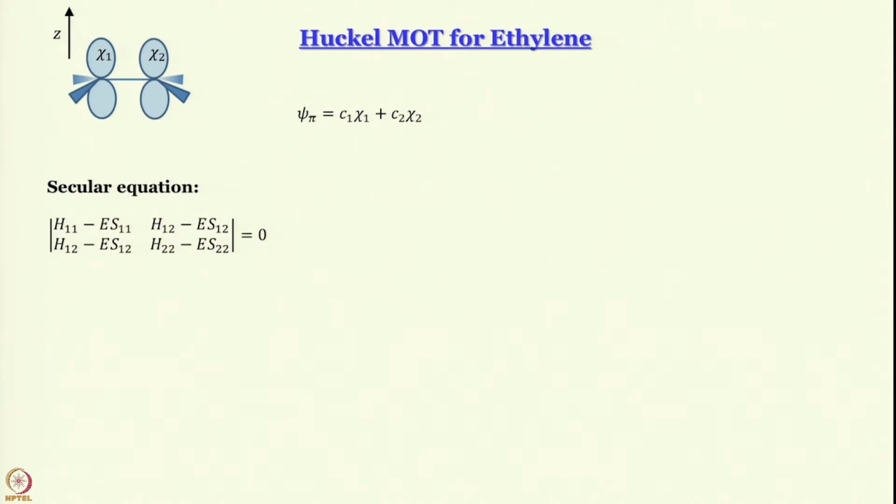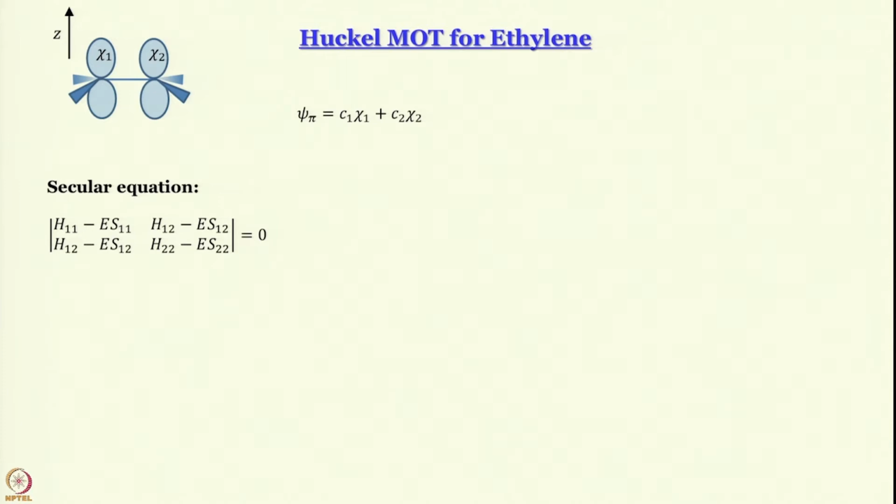So, this is what we have: the secular equation, H11 minus ES11, H12 minus ES12, H12 minus ES12, H22 minus ES22, that determinant is equal to 0, and we know that this comes from the requirement that we have non-trivial roots.